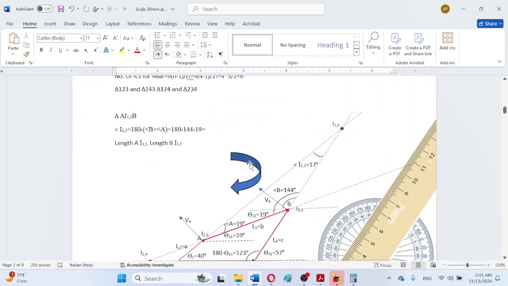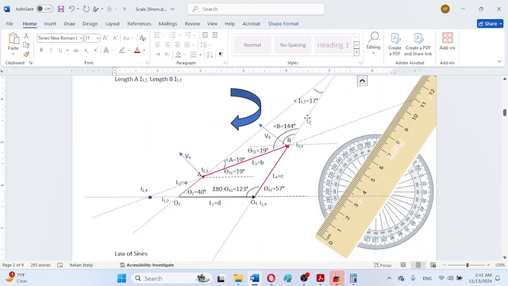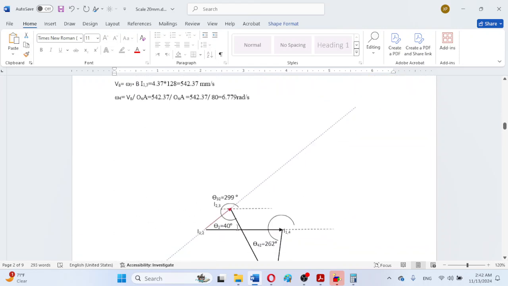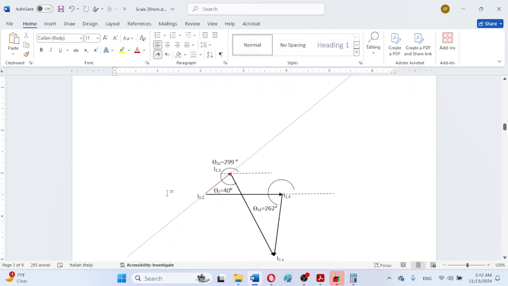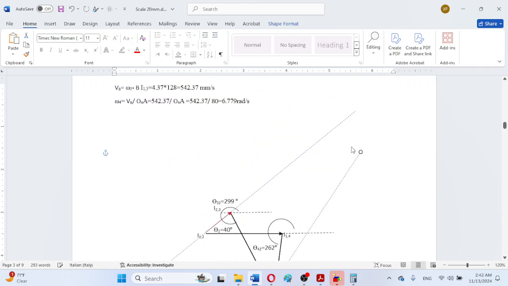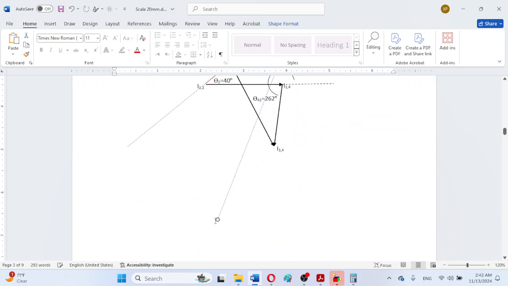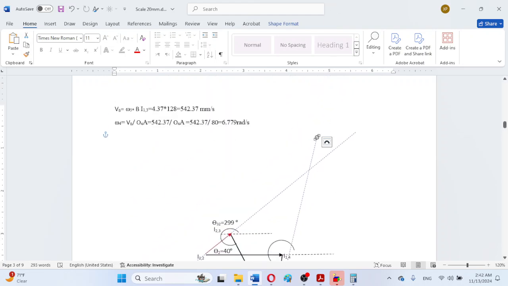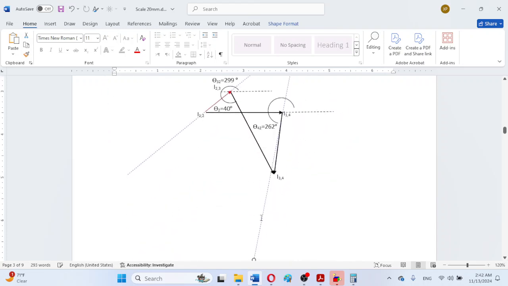Just for example, copy this line and paste it here, then relocate it, change it a bit and make it collinear and exactly overlapping. Here, like this.